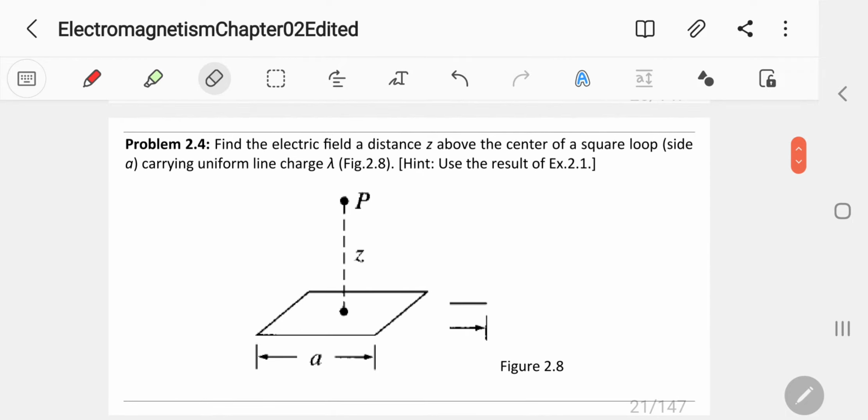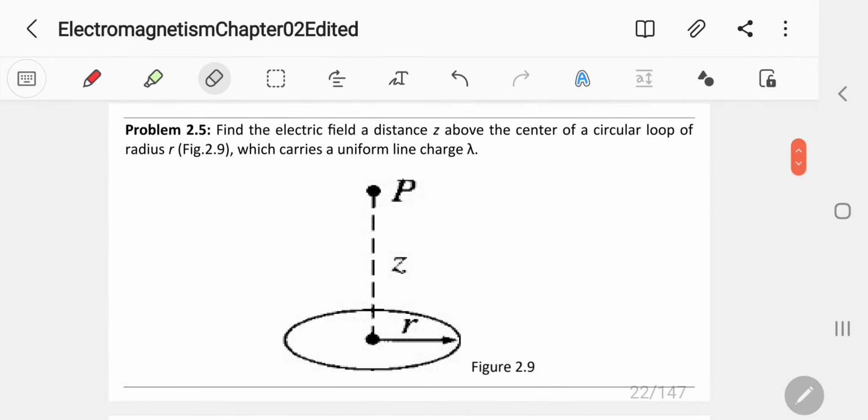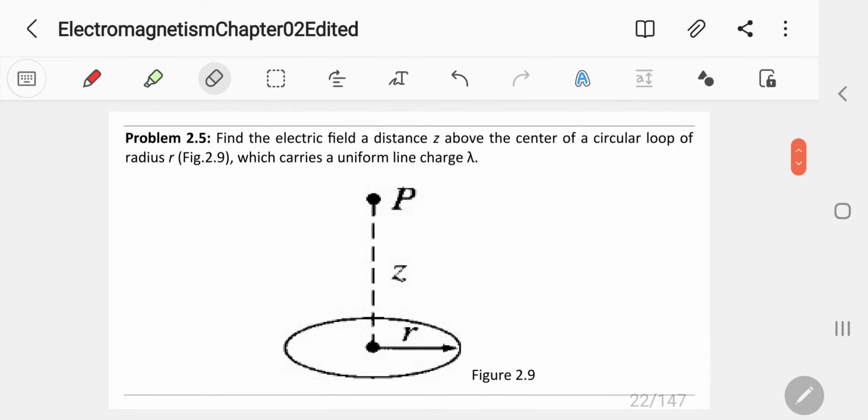In this case, you have a symmetry, and you can use the result in the example. This one is very popular. This is a popular example which you might have experienced.